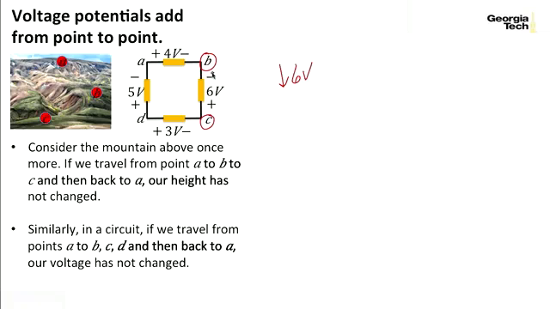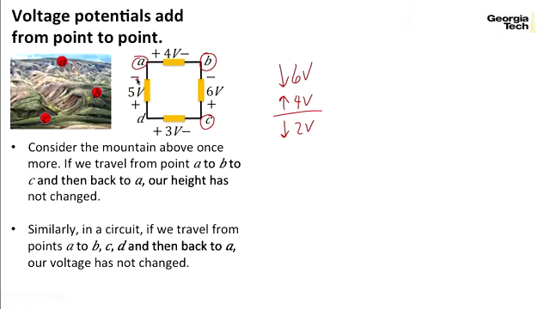Now from B to A, we're going from minus to plus instead of from plus to minus, so we've actually increased. We've gone up 4 volts. So we went down 6, but we only went back up 4. So at point A, we've gone a total of down 2 volts.